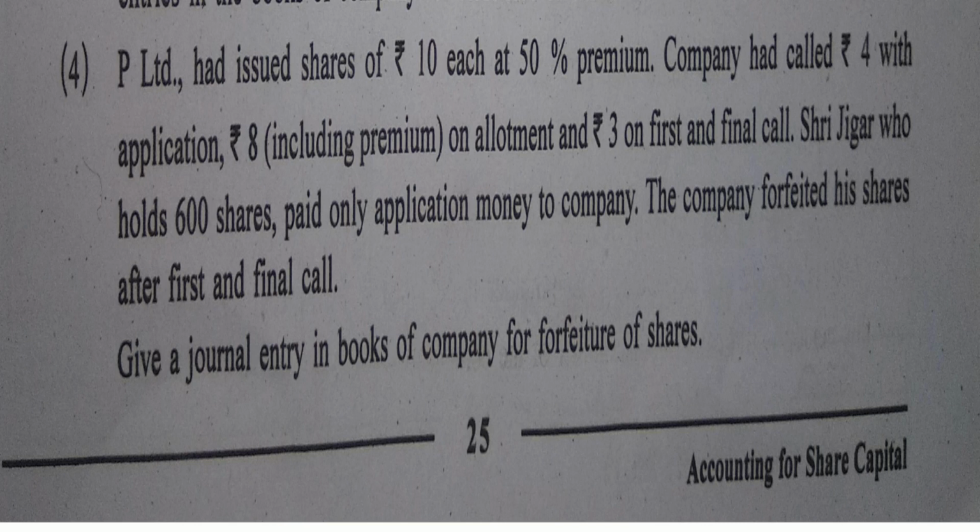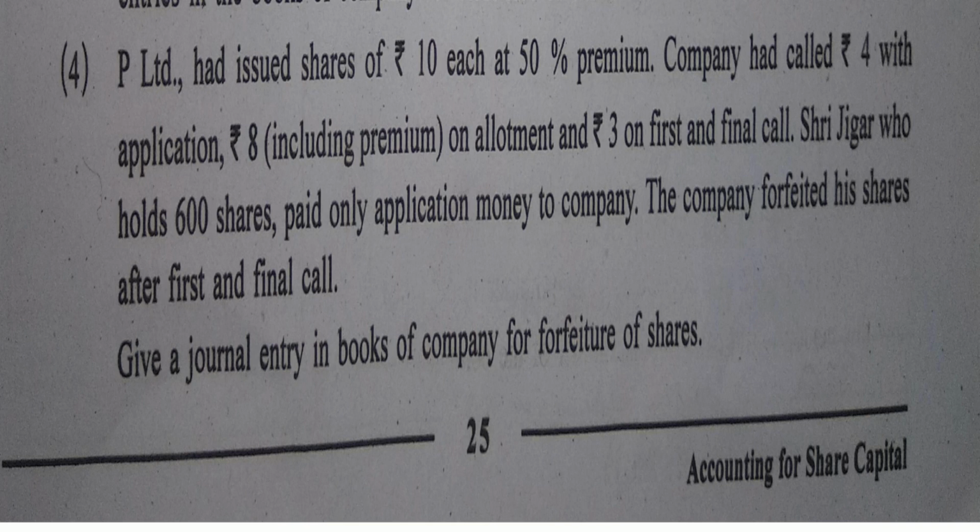Jigar has paid only application money. He did not pay allotment, nor did he pay first and final call. Obviously, if he did not pay the amount due on allotment, he did not pay the premium even. Yes, premium 5 rupees is here. Further, the company forfeited his shares after first and final call.